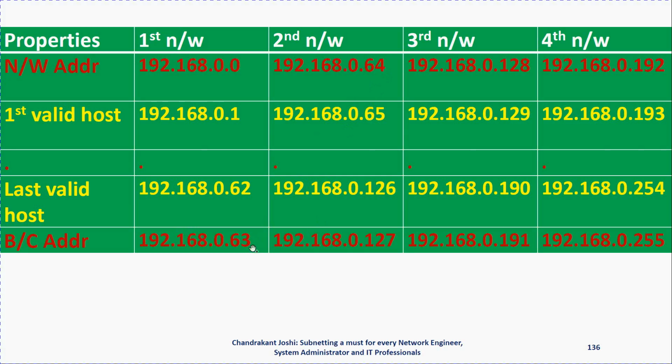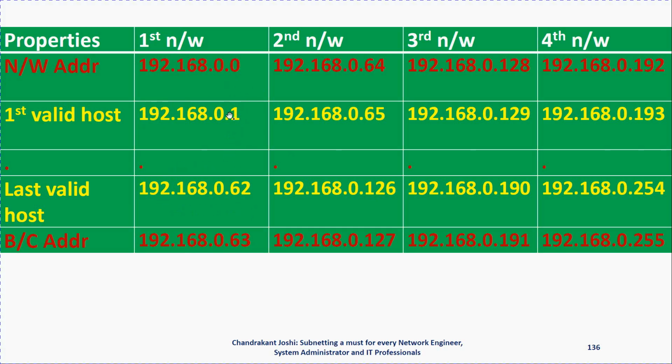So this is my broadcast address for the first subnet. So 0.0 is the network address, 0.63 is the broadcast address. Likewise 64, 127 are the network and broadcast addresses respectively. So one more than the network address will be the first valid host, and one less than the broadcast will be the last valid host.